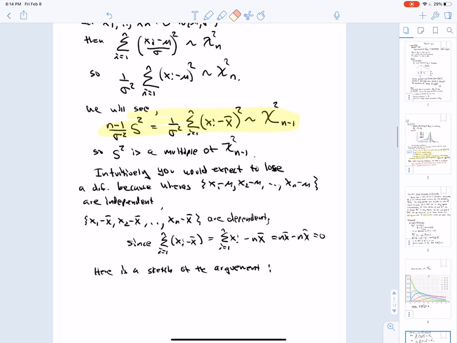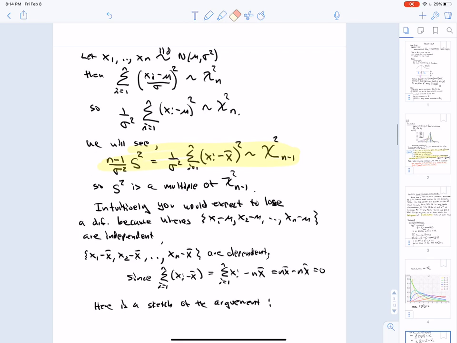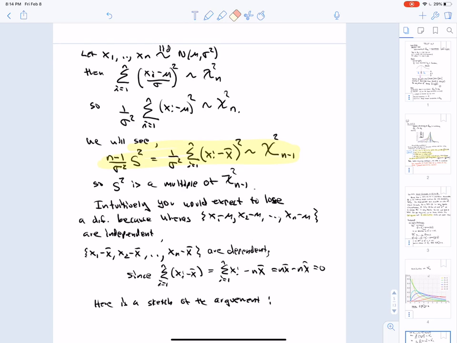Now I'm going to give an argument for this, but I won't be able to prove it completely because it involves a very detailed moment generating function argument that I choose not to go into right now, but it is in Rice, chapter 6. I'm going to give a sketch just so you can see what's going on.